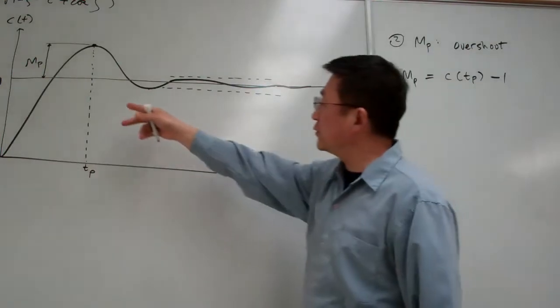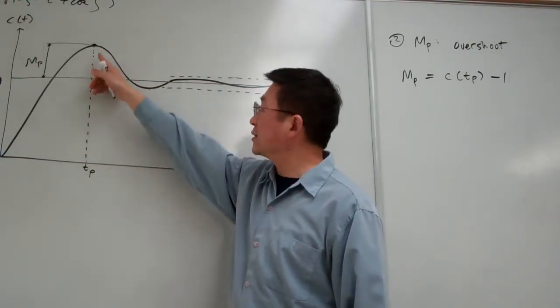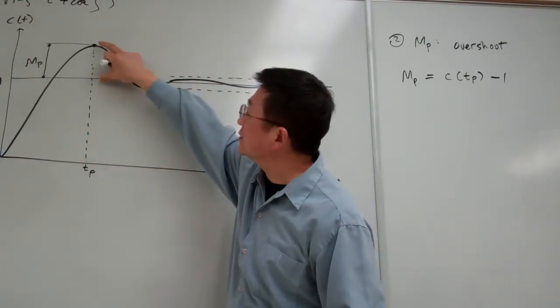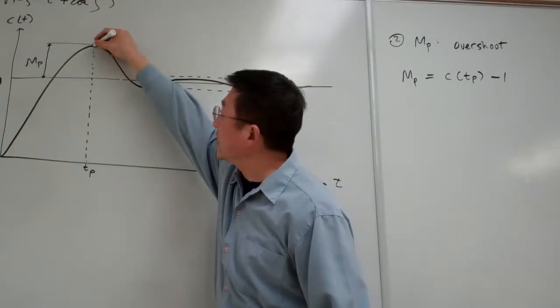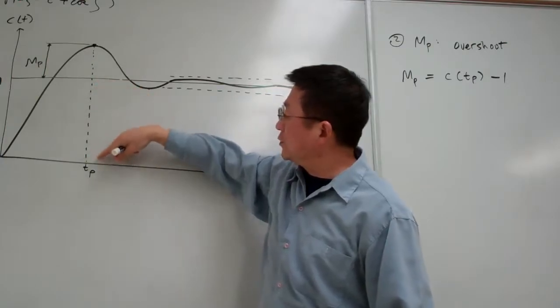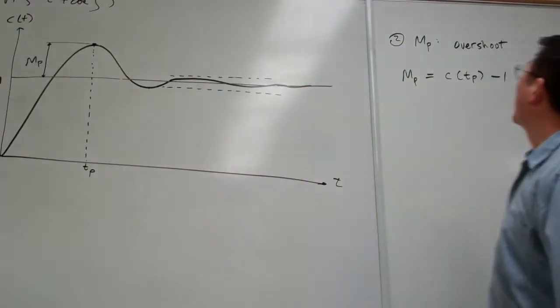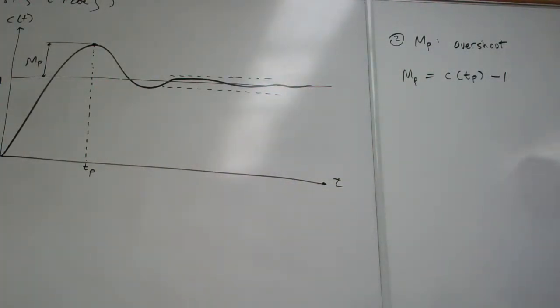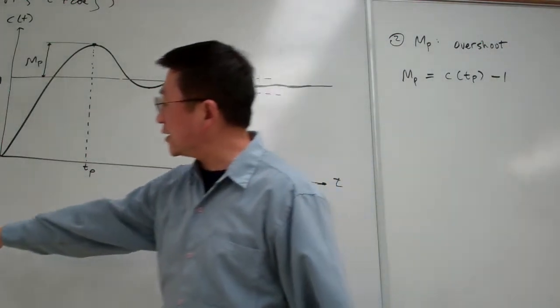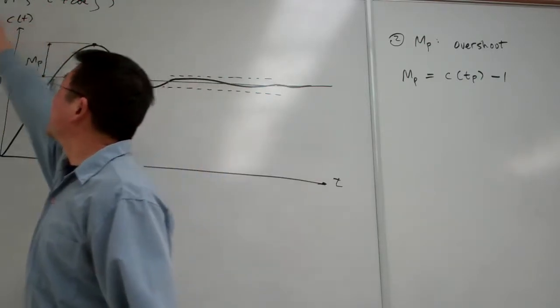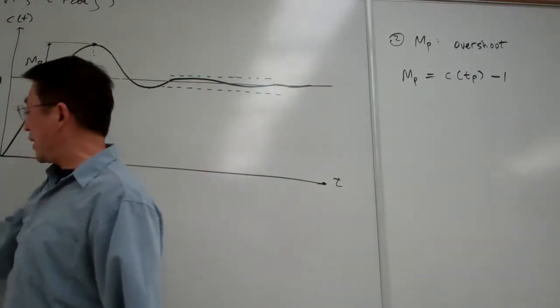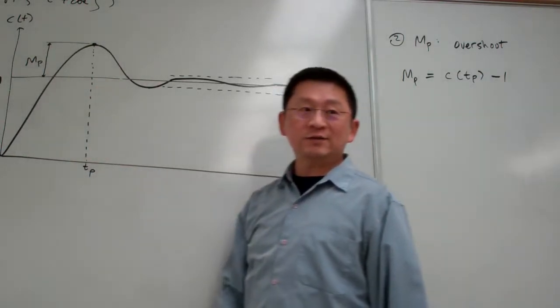If you read this graph here, you can see basically that is this amount. That amount basically is the difference between the response of the C at that moment and the one here. Okay. So we simply do the calculation, and the way is this, because we already calculated TP here, you simply plug in the TP to here, T to here, and then do the calculations.